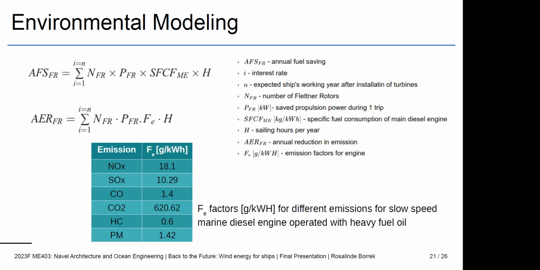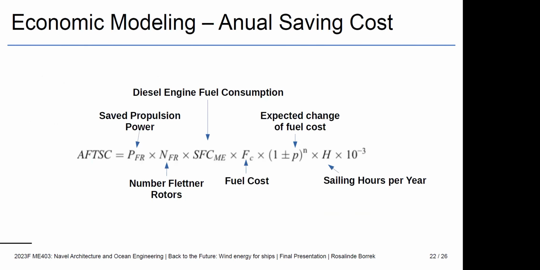And if we have the emission factors for our specific engine, or in this case, using literature values for a marine diesel engine, we can then also calculate the emissions that are saved by using the Flettner rotors. And since we are saving fuel, we are usually also saving cost because fuel is expensive.